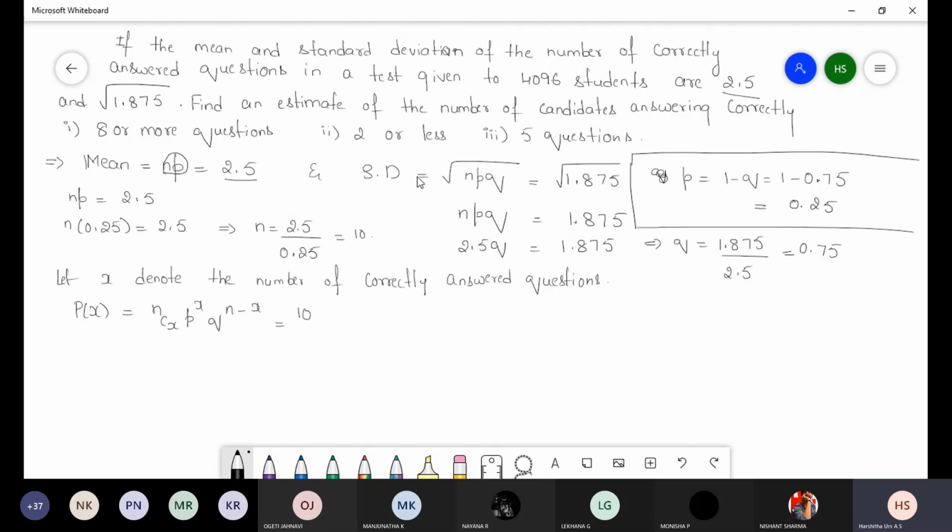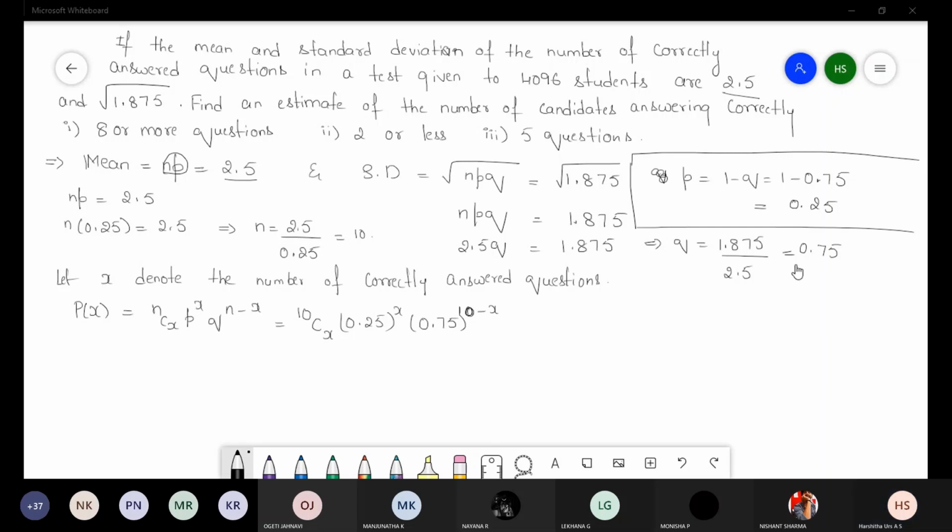So 10 is the number of questions, so 10Cx, the P value is 0.25 whole power x, and the Q value is 0.75 whole power n minus x. Here n means 10, so in the place of n, write 10.